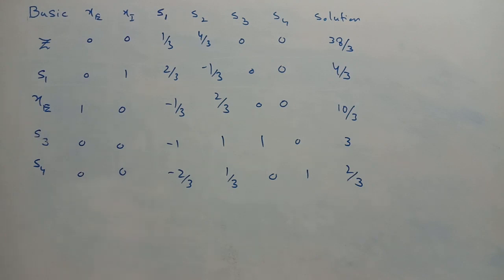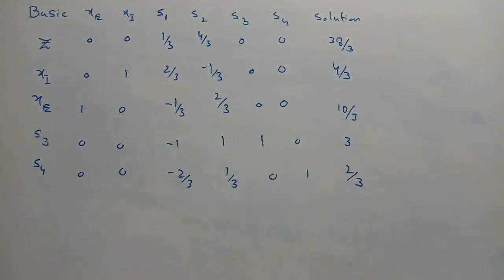After finding the new values for the z, xe, s3, s4 equations, in place of s1, not s1 here, because xi was the entering column, here it will be xi. Xi will get the values of the new pivot equation. The new pivot equation you found in the previous table will be the values of your xi. So this is your new table.